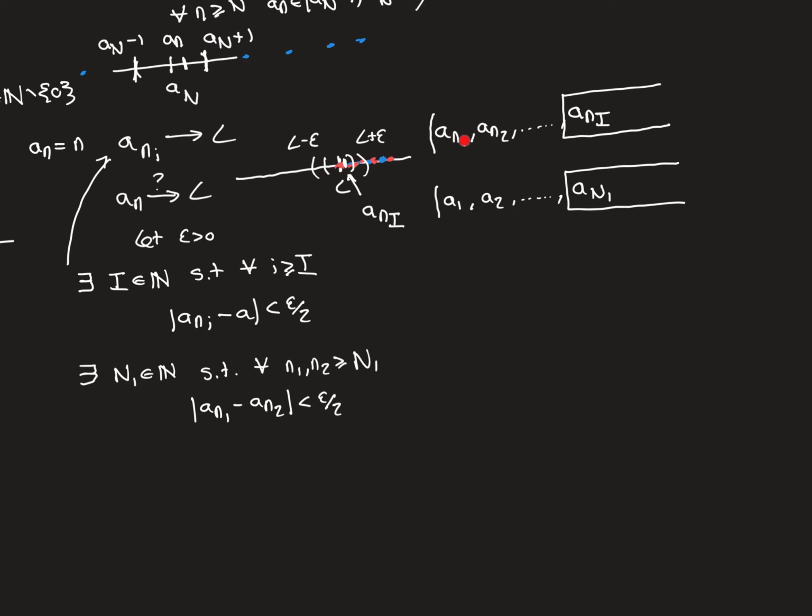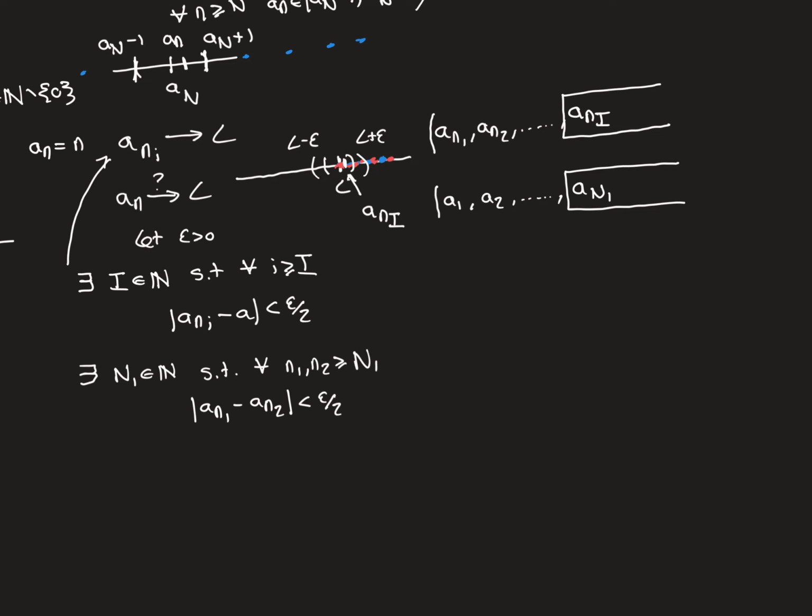What we've now got to remember is that this is a subsequence of this, so all of these terms that are in this subsequence appear here somewhere as well. So this term here, this a_{n_I}, might be downstream of this one, it might be bigger than this one, or it might be lower than this one. And we're going to treat those two cases separately. So we'll start off with the case that a_{n_I} is downstream of a_{n_1}.